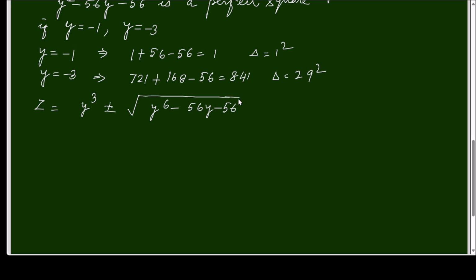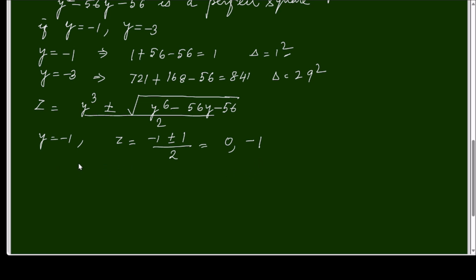We have already calculated for y equal to minus 1. When y is equal to minus 1, I am getting z is equal to minus 1 plus or minus 1 square, so 1 by 2. So either it will be 0 or it will be minus 1. So when y is equal to minus 1, z is equal to 0 or minus 1.